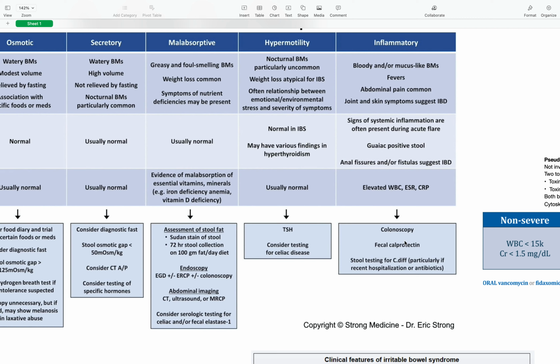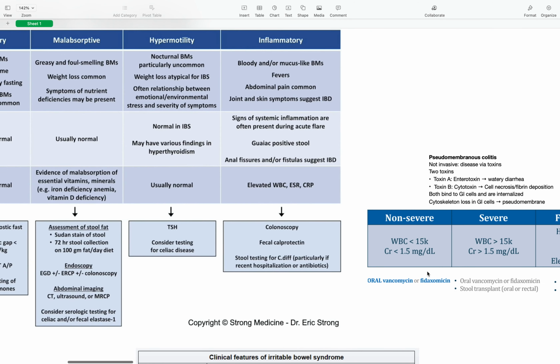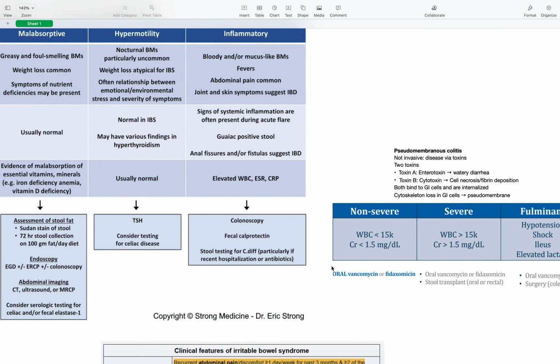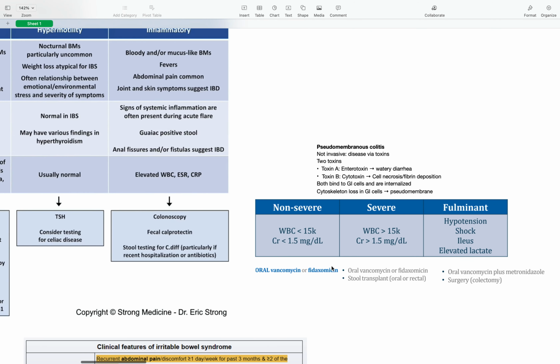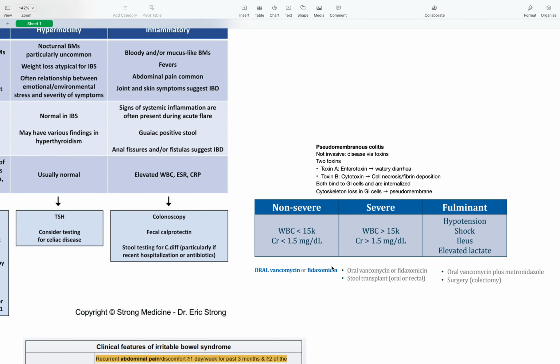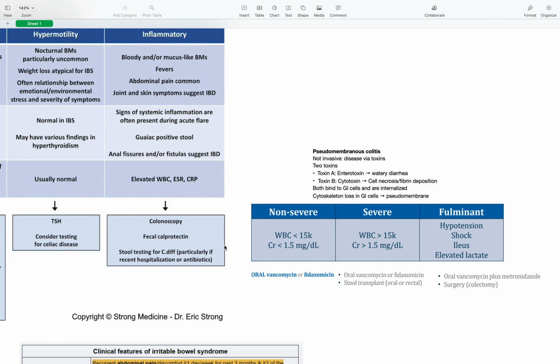So you need to do a colonoscopy, fecal calprotectin, stool testing for C. diff, particularly if recent hospitalization or antibiotics. So let's talk in more detail about C. difficile infection. In C. diff infection, patients present with excessive diarrhea, and there is a history of recent hospitalization or use of antibiotics, especially clindamycin or the broad spectrum penicillins.